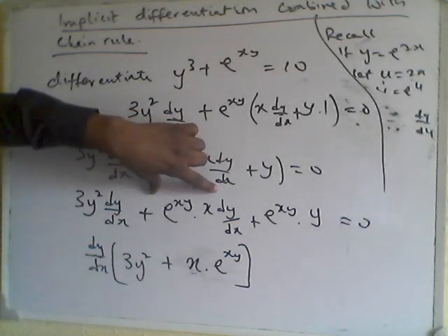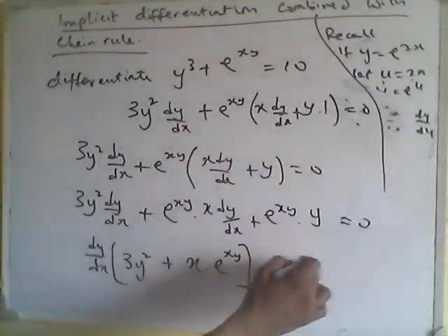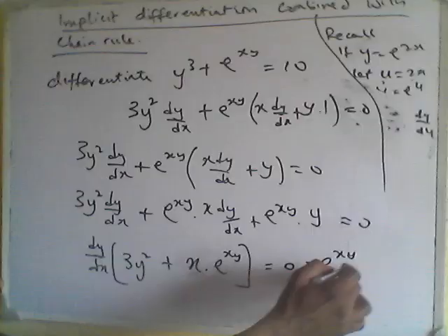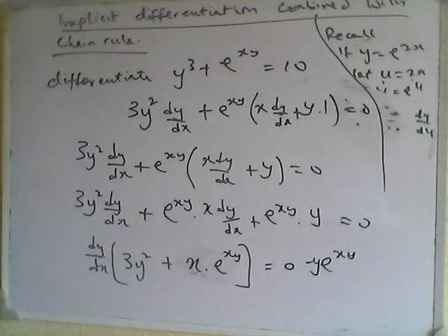So I didn't change much. For this one now, I say it equals 0, then minus exponential xy times y, or minus y outside. Yes, so this is how it is. From here now, I will make dy/dx the subject of the formula.